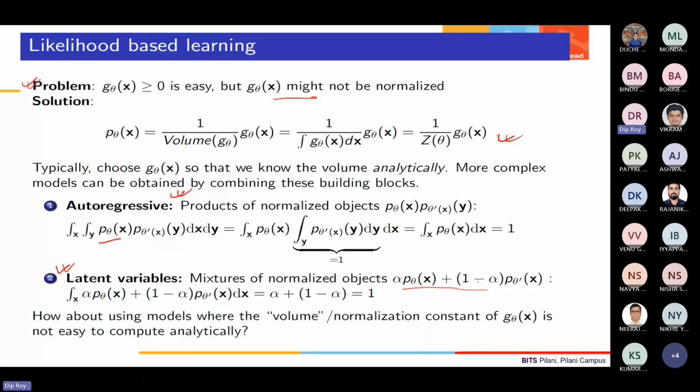There are two mixtures. And if you take the integral of this, you will see that it comes to 1. And that is the reason why we never bothered about this normalization constant, because by design we were doing something which outputted normalized distributions, or the probability distribution.